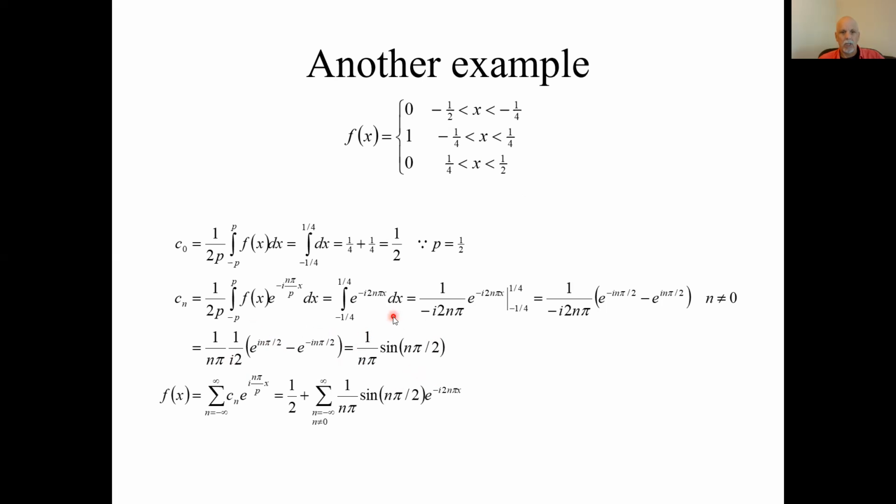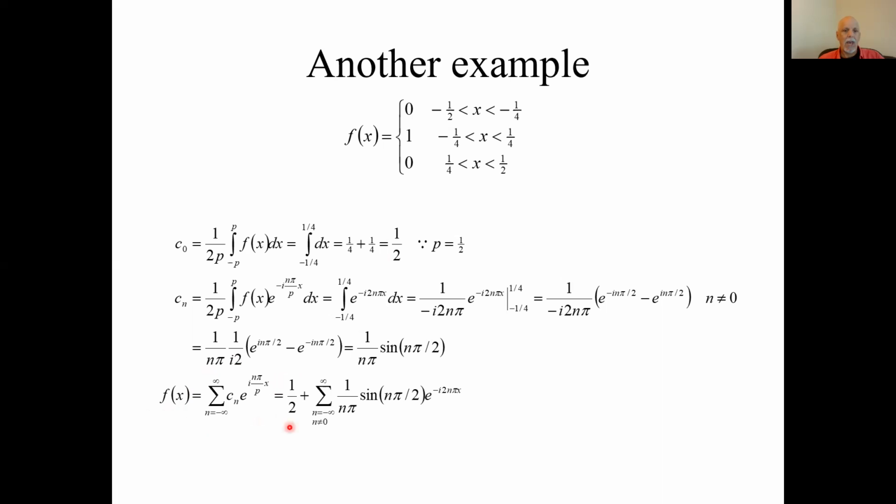Now what about this n equals 0 case? Well, I still integrate from minus a fourth to a fourth. And there the f of x is just 1, so I'm just integrating 1 from minus a fourth to a fourth. I get a half. So the whole Fourier series is this thing in general.